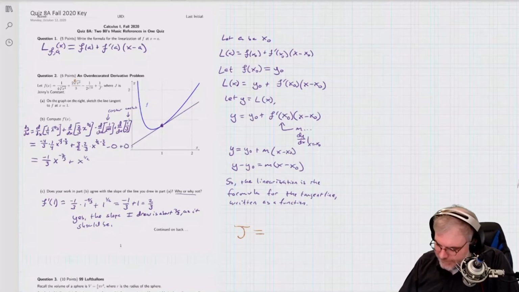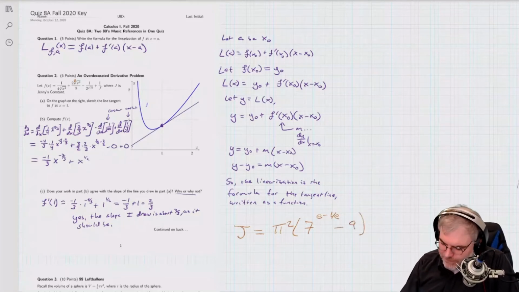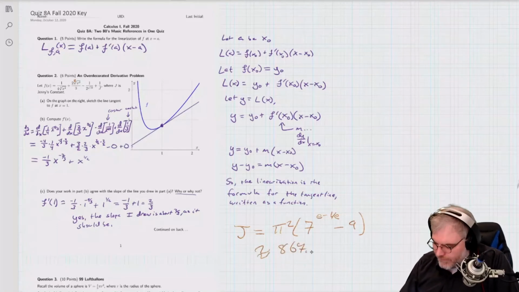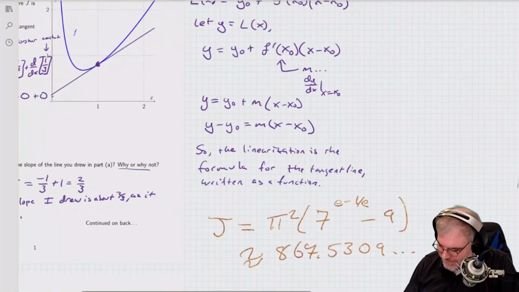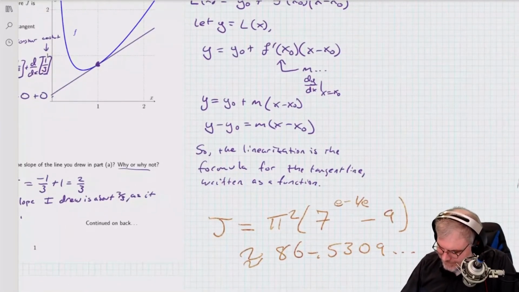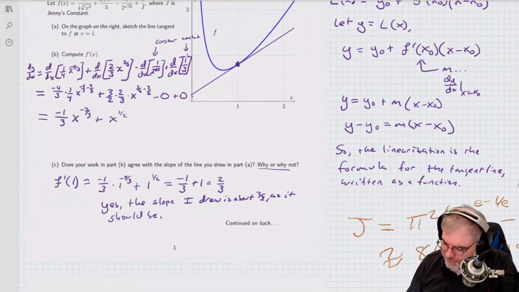It's pi squared times 7 to the e minus 1 over e minus 9, which is approximately 867.5309. 80s reference. Just in case you wanted to know. Any questions?